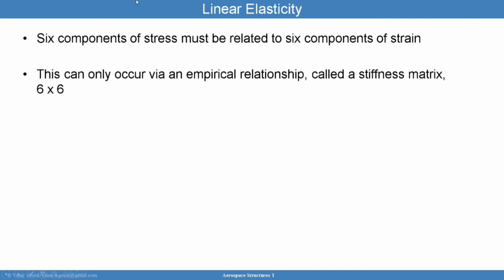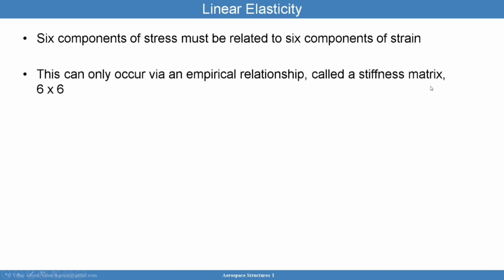So in linear elasticity, we must have 6 components of stress that are related to 6 components of strain. These stress components are connected to the 6 components of strain through an empirical relationship that we can determine through testing in the labs.